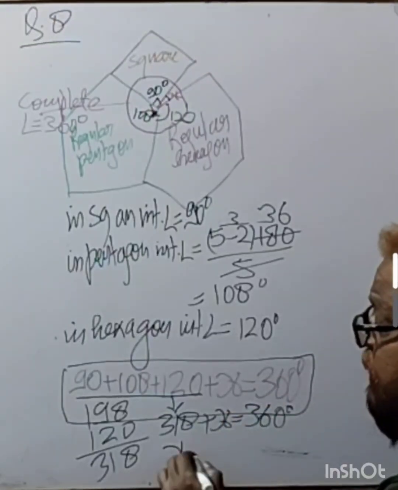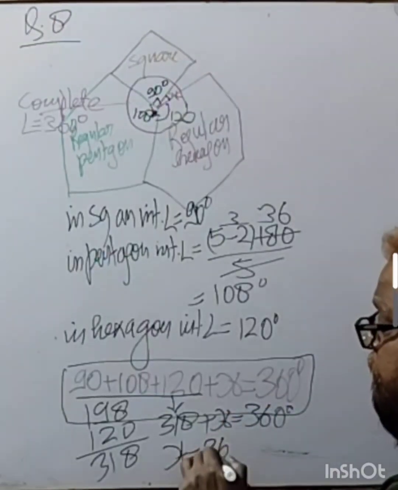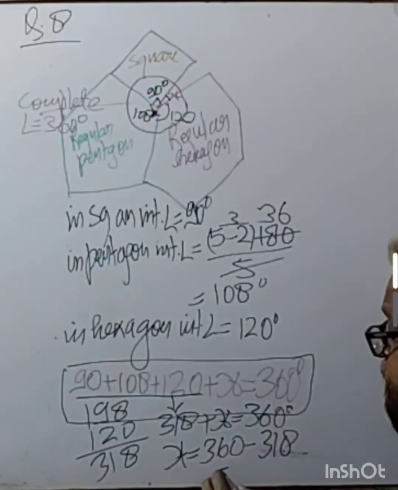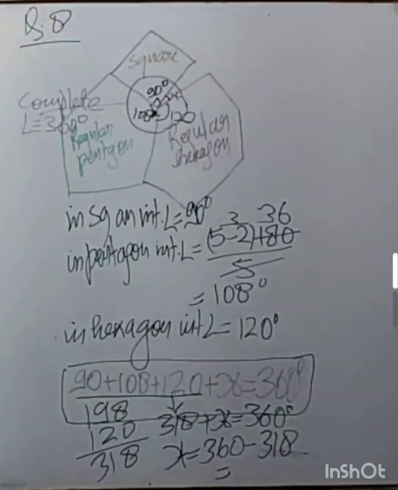So x is equal to 360 minus 318, how much? 42. Sure? Yeah, it's 42.